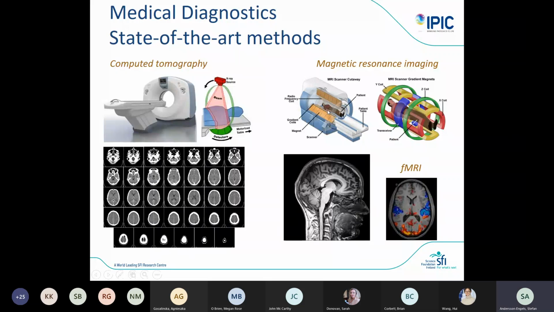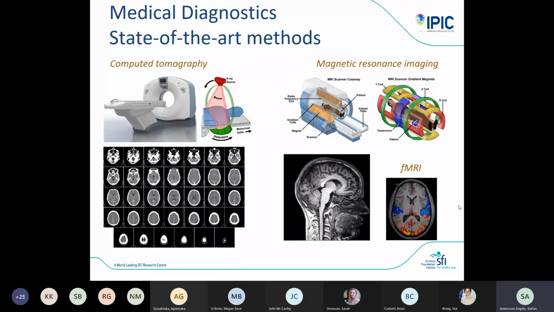RF is very low energy, and you need to have a gradient in order to make an image. And if you have that, and you have these coils that can measure and send out the RF radiation, then you can get these type of images. Very, very nice. And you can also do functional MR, and that is basically looking at different elements than hydrogen. And you can also see the bonding with hydrogen to different other molecules.